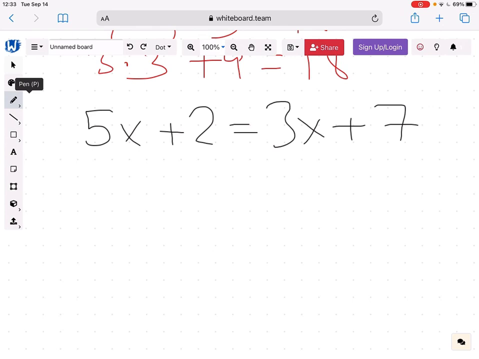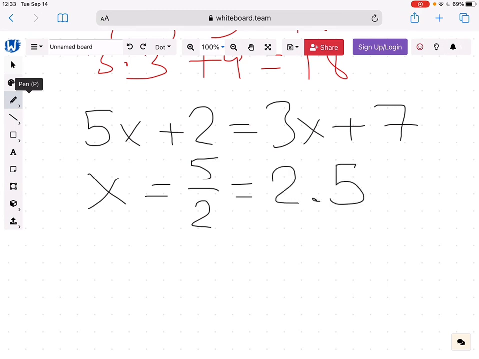Well, if you try to look for an answer among whole numbers, you'll be disappointed, because none of the whole numbers satisfy this condition. In fact, the x that satisfies this condition is 5/2. Or if you prefer decimal fractions, you can write it as 2.5.